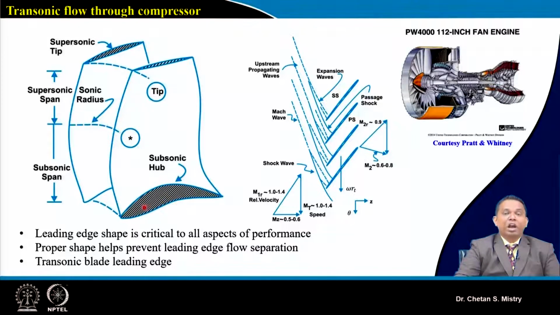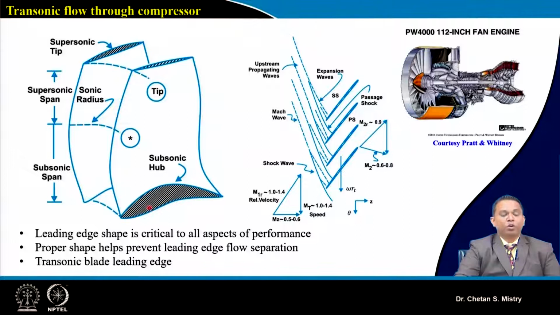So near the hub region, my blades are subsonic blades or subsonic aerofoils. At the mid station also, maybe we will have our blades be subsonic or high subsonic in nature, but near the tip region my aerofoils are of supersonic nature. So the aerofoils we are looking at here and the aerofoil we are looking at there are different.